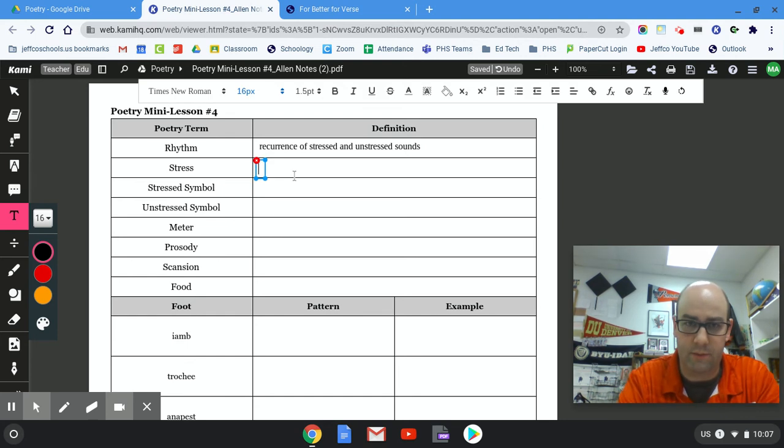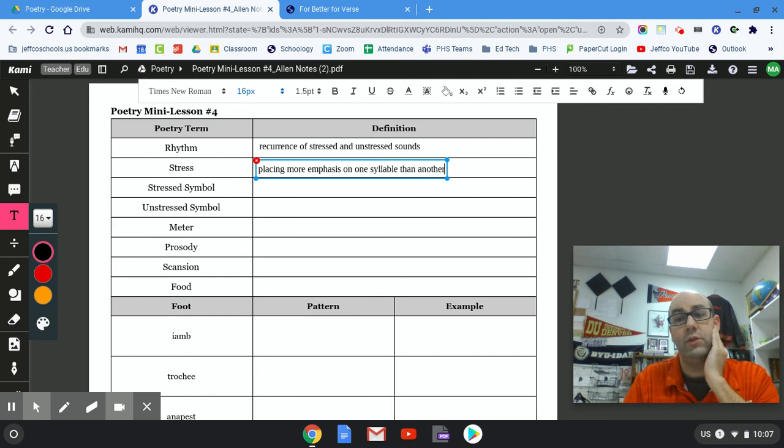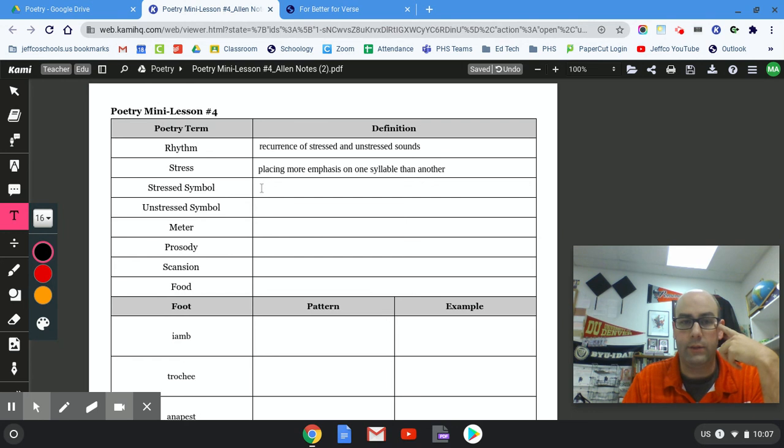I feel a lot of stress, but what's a stress in a poem? So it's placing more emphasis on one syllable than another. And we do this normally in speech, and poets will write a line of poetry a certain way so that you read it and place stresses on certain syllables over other syllables.